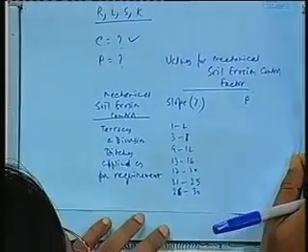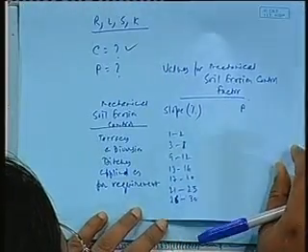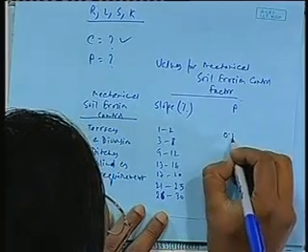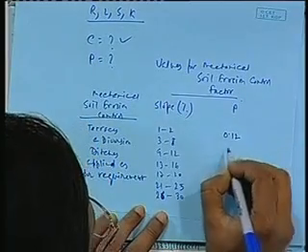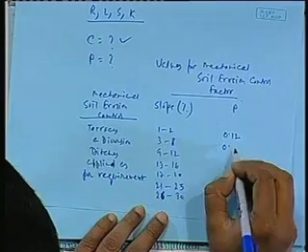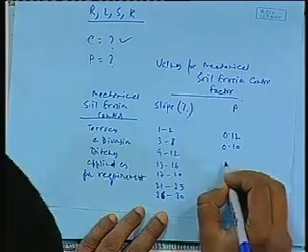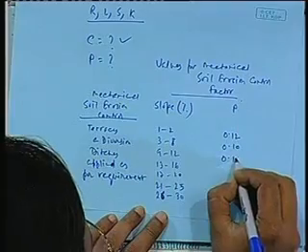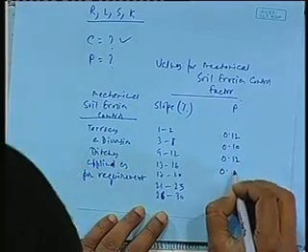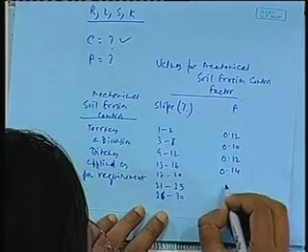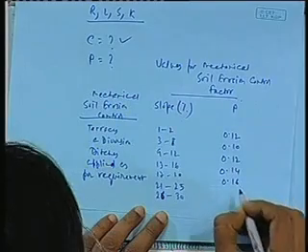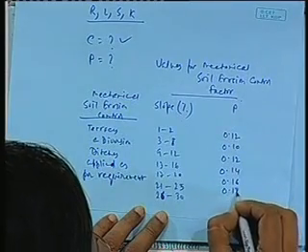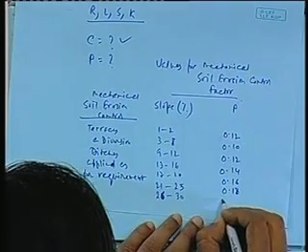Now see here the value of P is 0.12, 0.10, 0.12 again, 0.14, 0.16, 0.18, and this one would be 0.2.